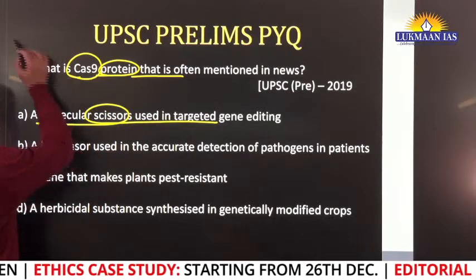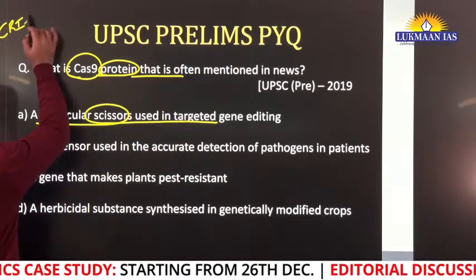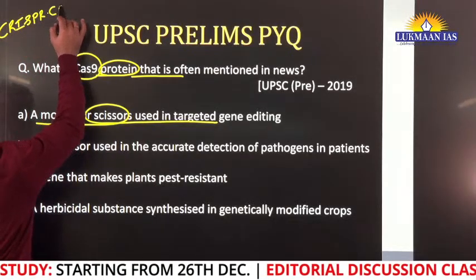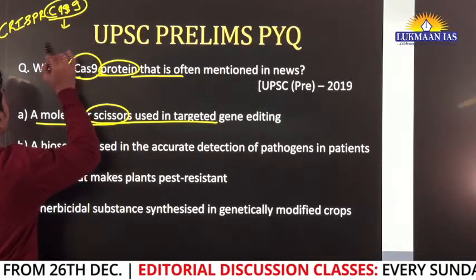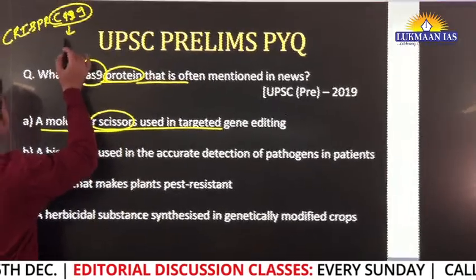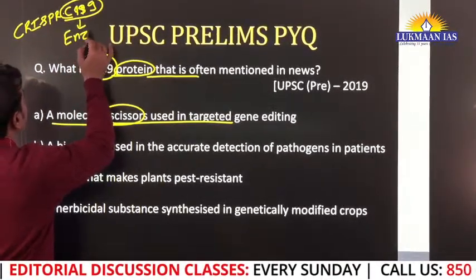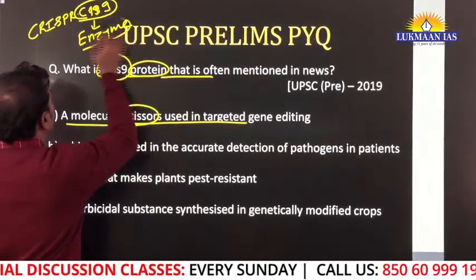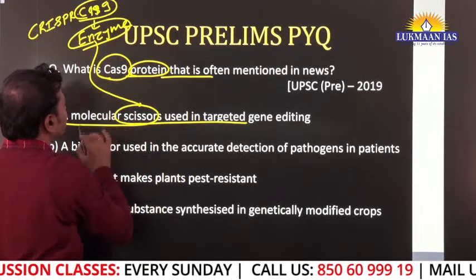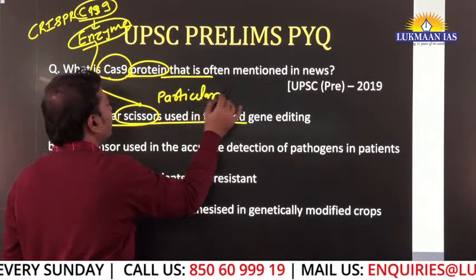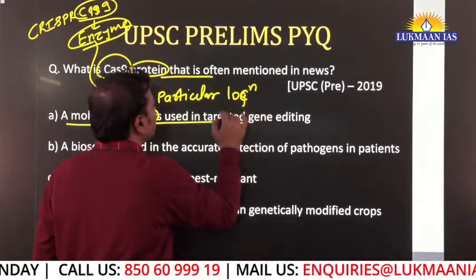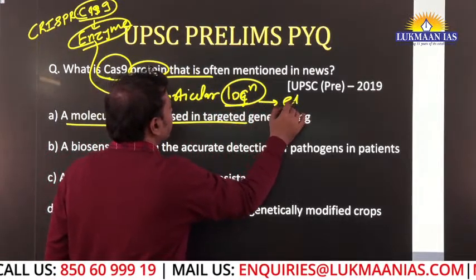So how does CRISPR-Cas9 work? It is a kind of enzyme. It acts as a molecular scissor at a particular location of a gene which is to be edited.